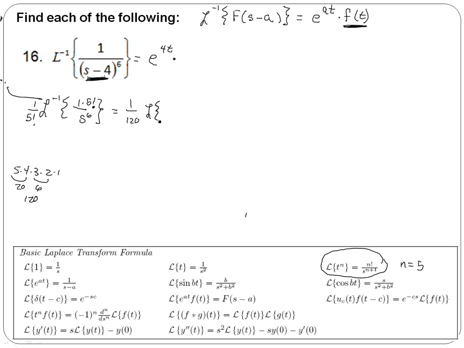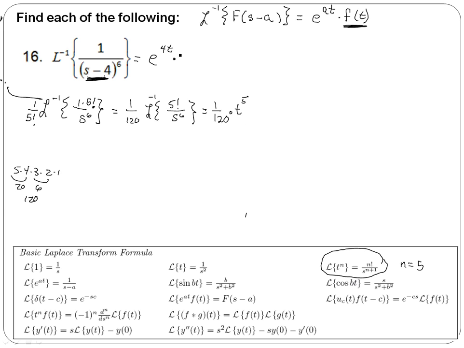times the inverse Laplace of, I'll keep that as 5 factorial so it looks like the formula here. And that'll give me 1/20th times the inverse Laplace of 5 factorial over s to the 6th is t to the 5th power.